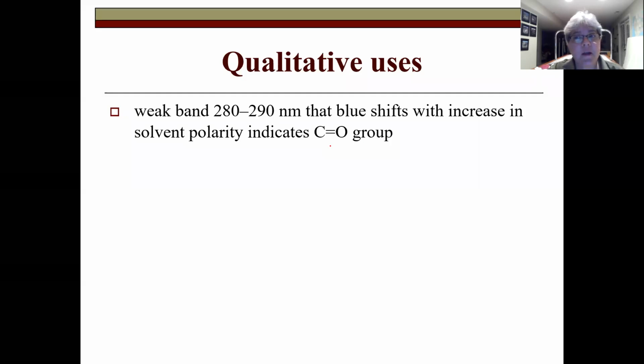Is that pi to pi star or n to pi star? It is n to pi star. Remember, n to pi star blue shifts. And notice this carbonyl has a double bond and lone pairs. So a weak band, 280 to 290, that shifts tells you your molecule has a carbonyl group.